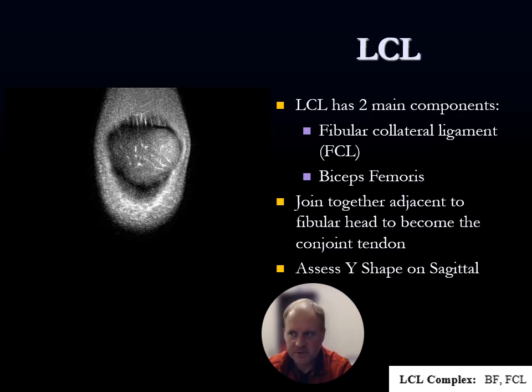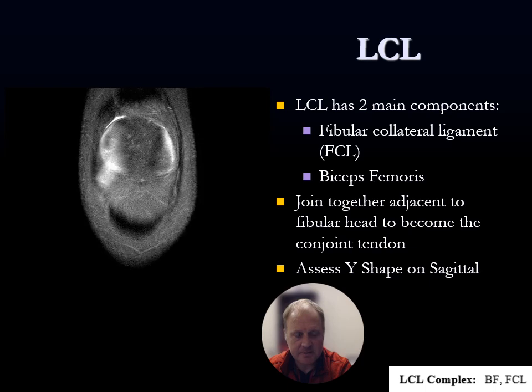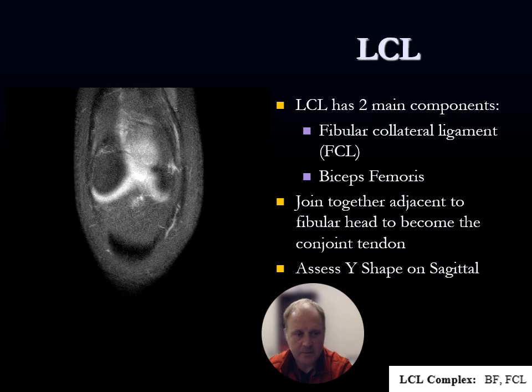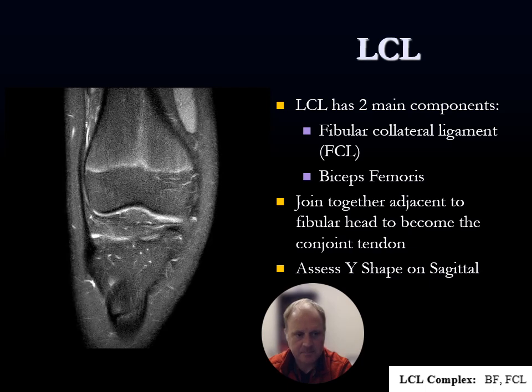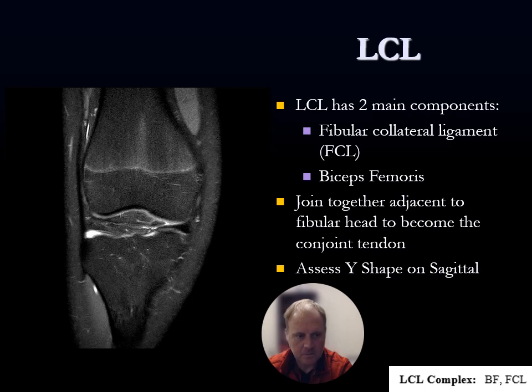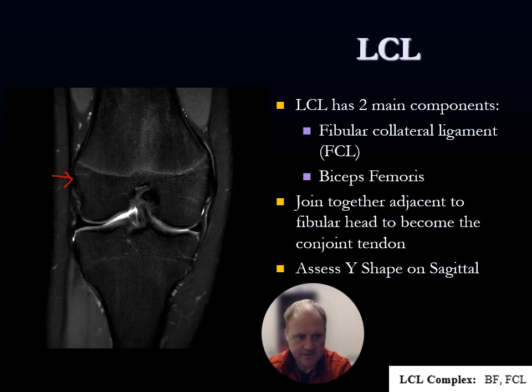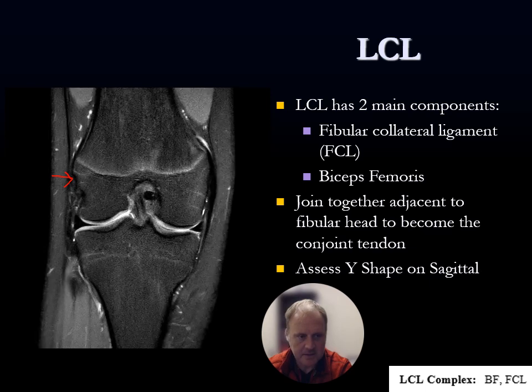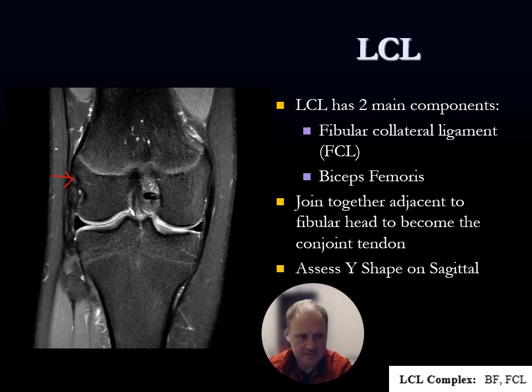So what I'm going to show here is our coronal images, again coming from anterior to posterior. Now we're going to be looking at the lateral side of the knee. And what we're going to be looking for first is we're going to have our attention here at this lateral femoral condyle, and we're going to try to find where this LCL starts. And this is the fibular collateral ligament. And I should erase that a little bit so you can see it a little bit better.